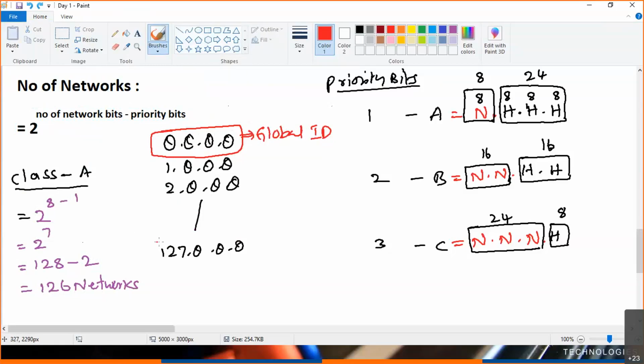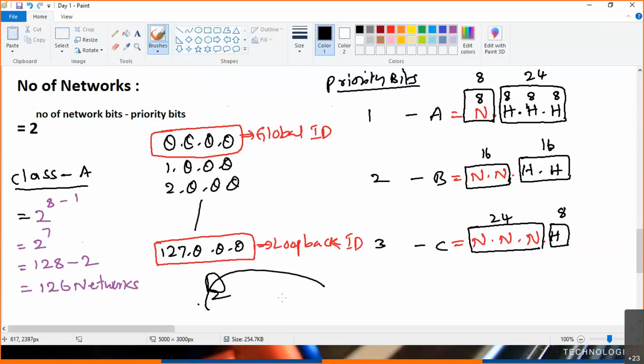Similarly, 127.0.0.0 is reserved for loopback. So we call this the loopback ID. What is the use of the loopback ID? Every computer, every communication device, transmits data from one device to another with the help of the protocol called TCP/IP, Transmission Control Protocol over Internet Protocol.